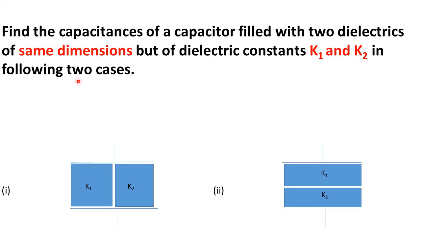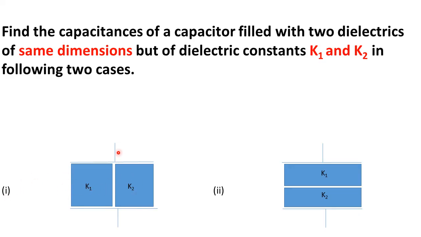Now we will take an example. Find the capacitances of a capacitor filled with two dielectrics of same dimensions but of dielectric constants K1 and K2 in following two cases. In the question, two dielectric materials are given, their dimensions are same, but their dielectric constants are different.